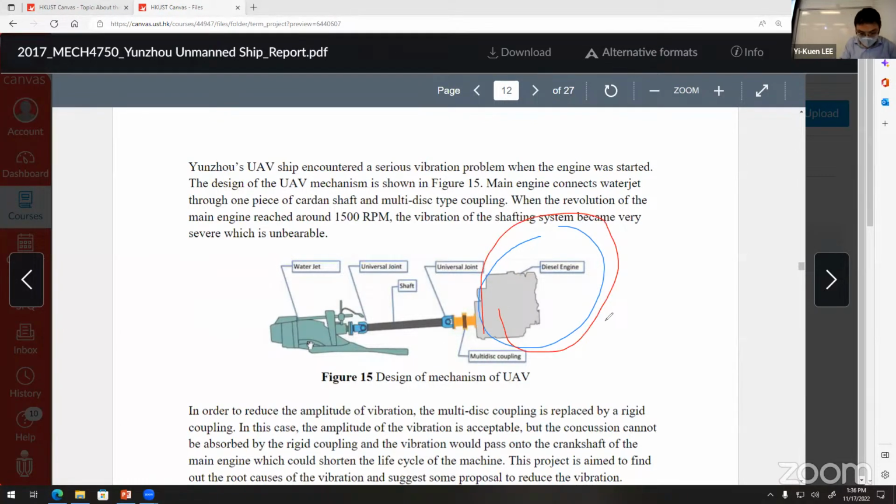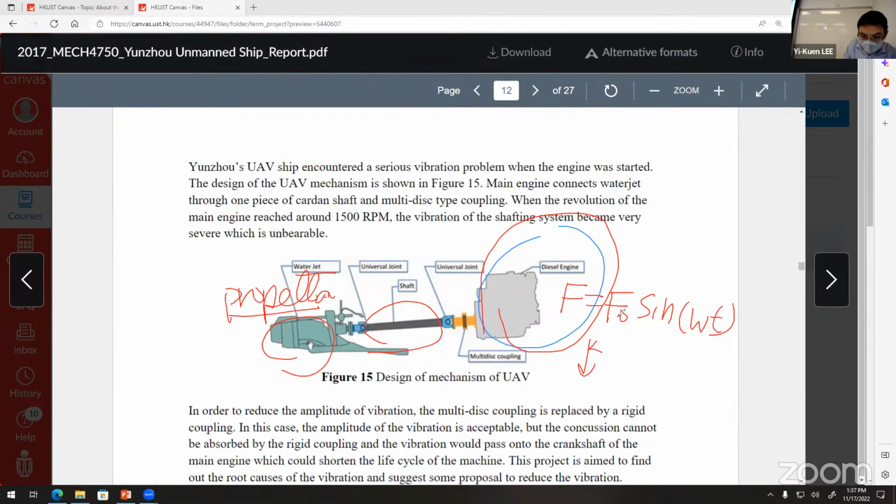As in our previous study, you have a certain kind of harmonic force, maybe sine omega t, and this will create vibration. Then besides the engine, you have the transmission shaft, and maybe an additional water jet, which most likely relates to the propeller.